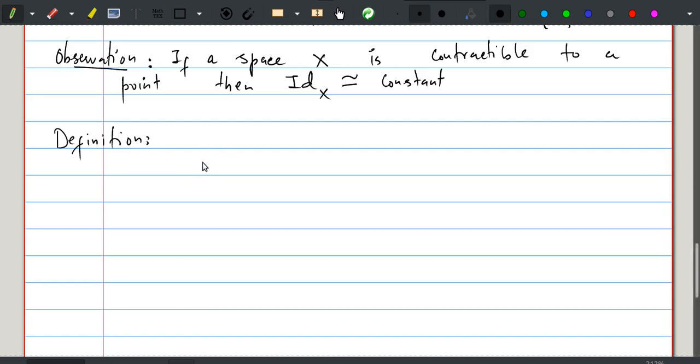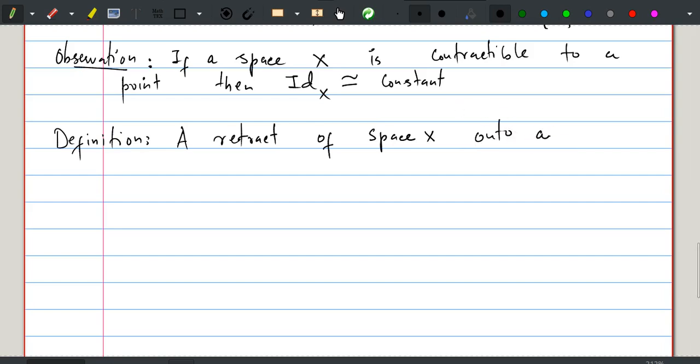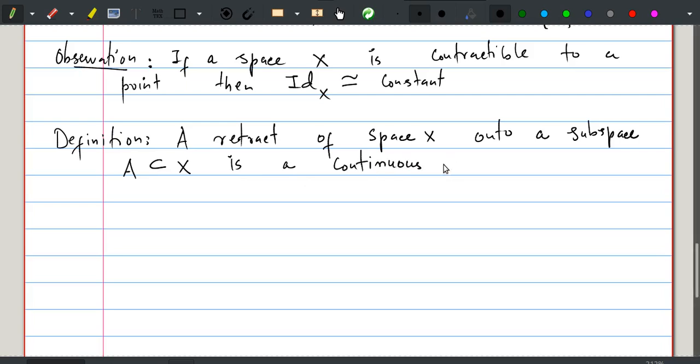A retract of a topological space X onto a subspace, say A of X, is a continuous map, say R from X to A, such that when we restrict this R onto A, it turns out to be the identity map on A.